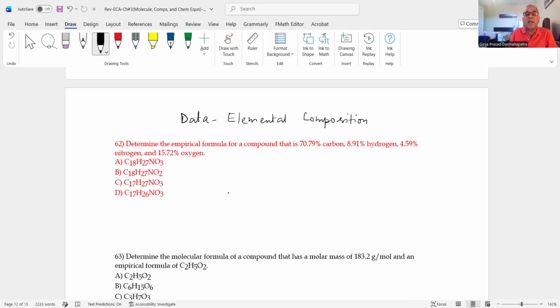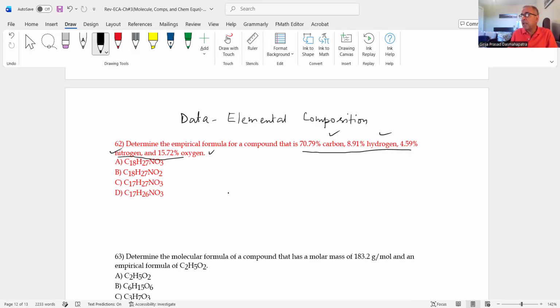Exactly that same data is needed. In this case, you will find this compound has 4 elements: carbon, hydrogen, nitrogen, and oxygen, and all together they should be 100%. If you add all of them, you will see they are 100%. So this data is needed.